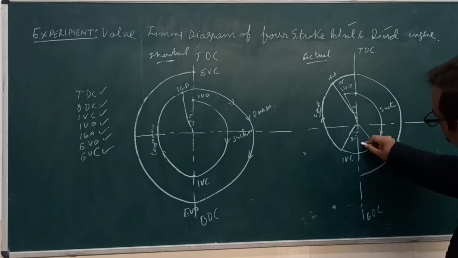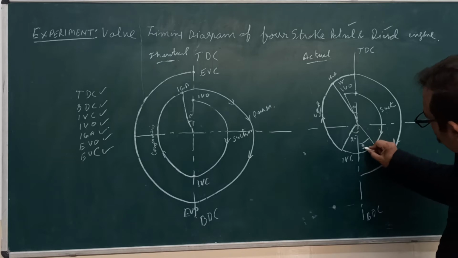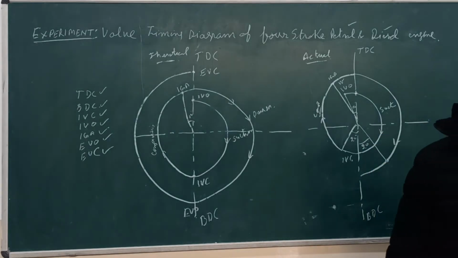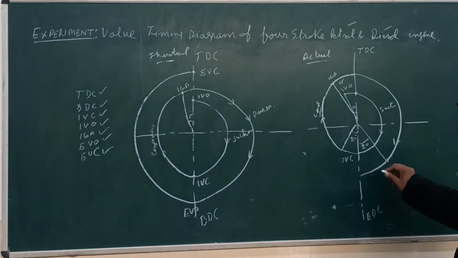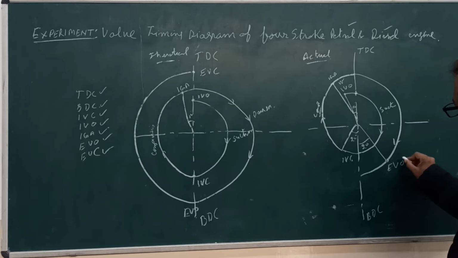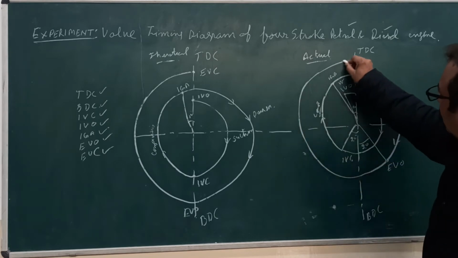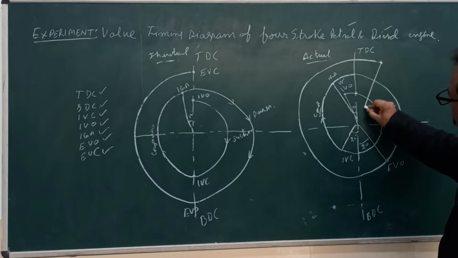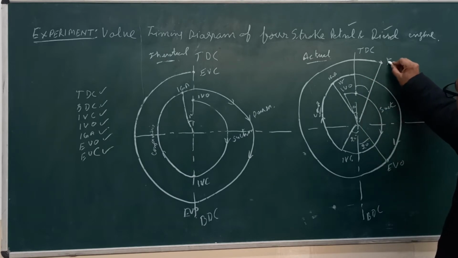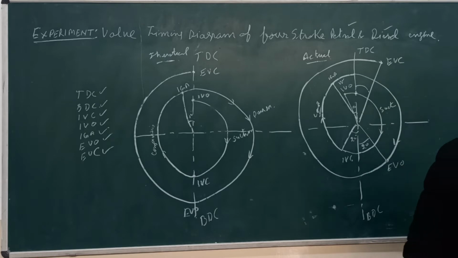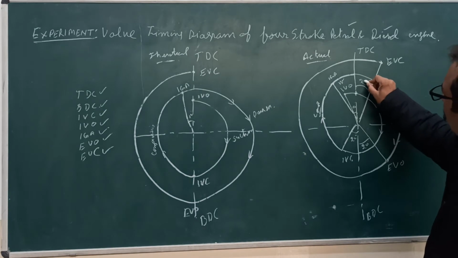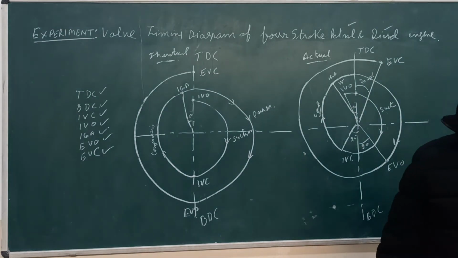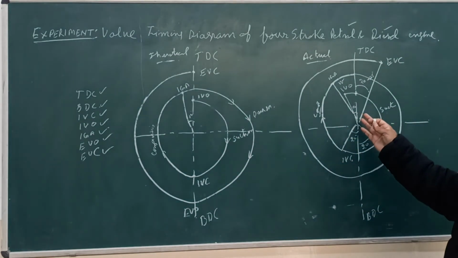Exhaust valve open 20 to 30 degree before bottom dead center. And exhaust valve closed after TDC, 20 to 25 degree after TDC. So this is actual valve timing diagram.